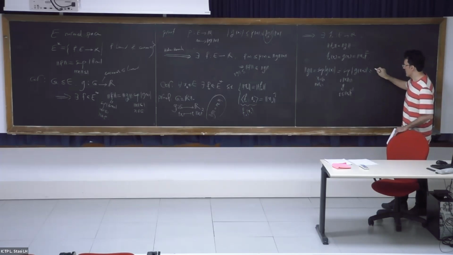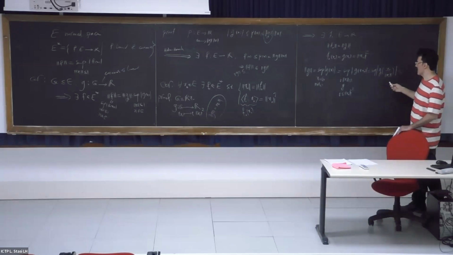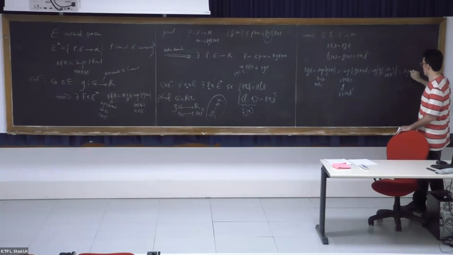At least we can write the sup of G of x0 over the norm of x0, and this is exactly the norm.